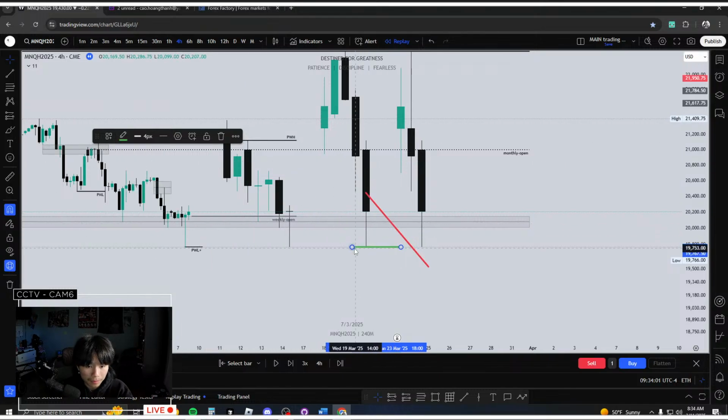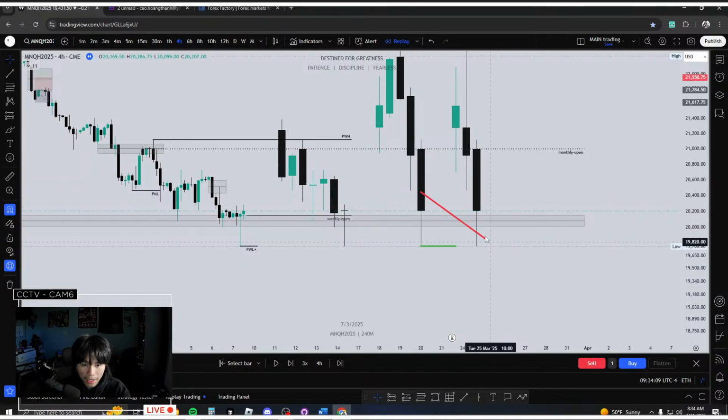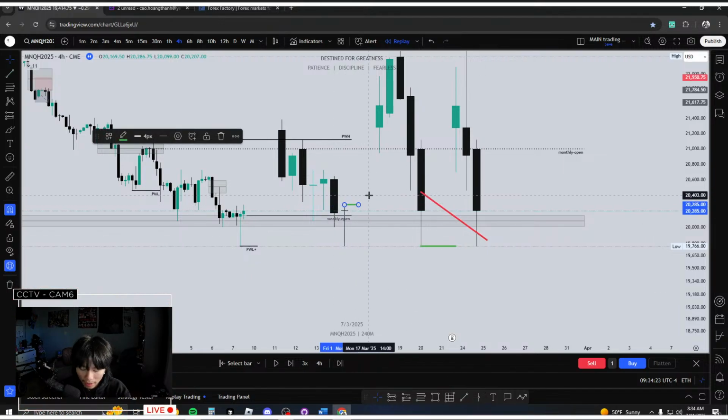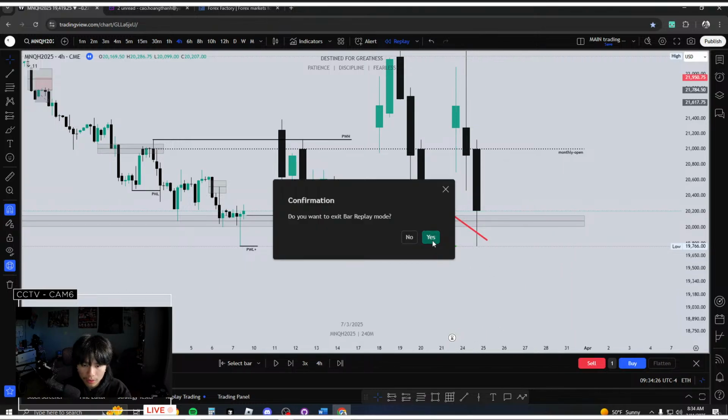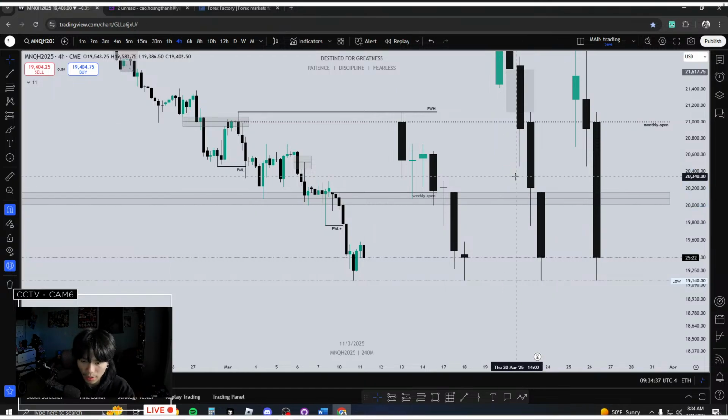So I wanted to see us take out previous week's low coming into this week. With the way that we closed on Friday, it's really bullish. So I was actually anticipating prices to take out the previous day high, but coming into Sunday's opening and Monday, we actually ended up taking out previous day low instead, and we took out previous week's low as well.